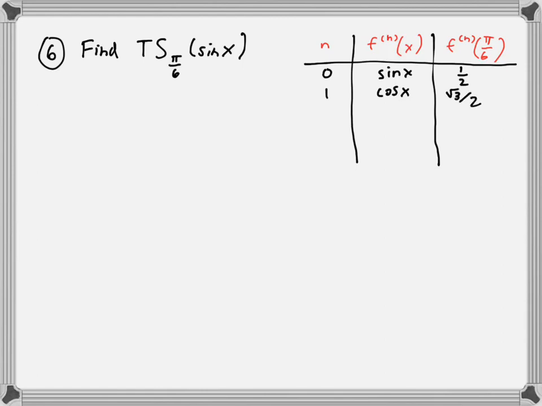Then if I plug in 2 for n, that means take a derivative. I get negative sine of x, which is negative a half. And then if I plug in 3, I get negative cosine of x, which is negative root 3 over 2. And if I go again, we notice that this becomes sine of x, and so the pattern just repeats.